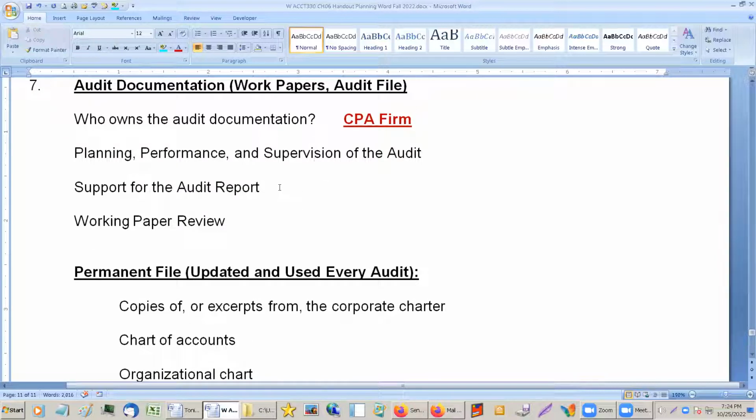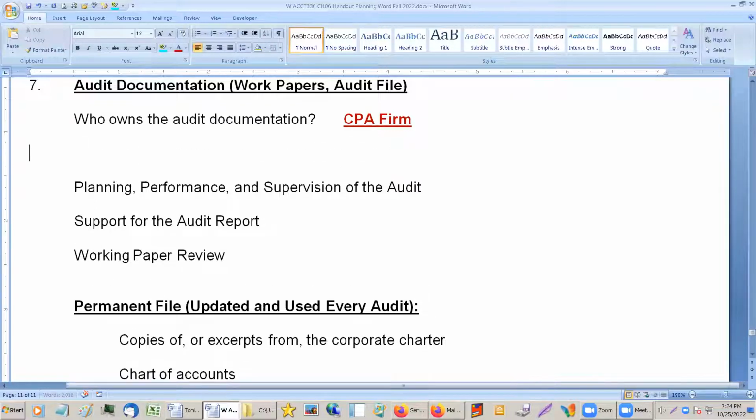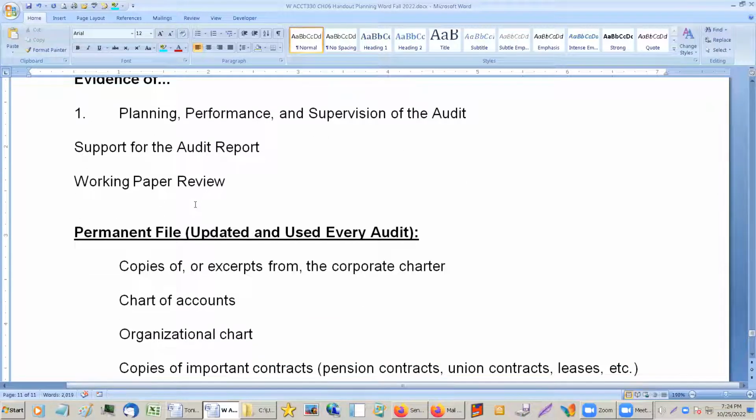And it shows evidence for a few different things. It is evidence that you planned, performed and supervised the audit.